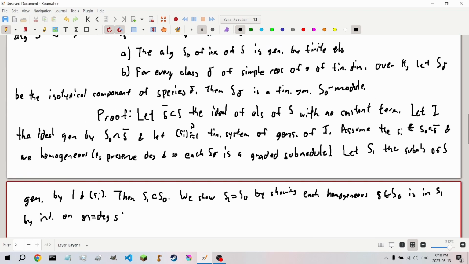Once again, degree 0 is trivial. So we're going to suppose N is greater than 0, with the condition having been shown for smaller degrees than the one we're working with.